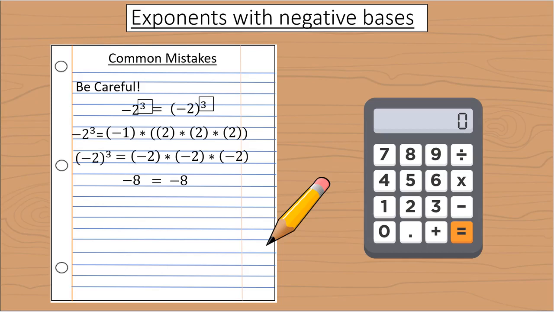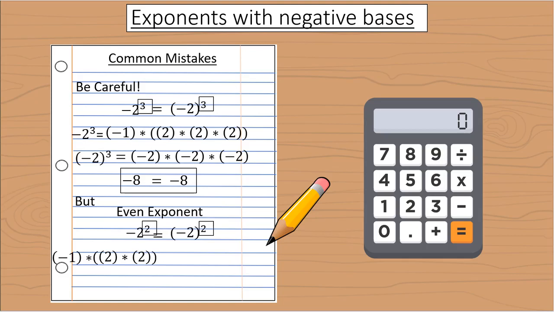But what if we have an even exponent? What if we have a negative 2 to the second power and parentheses negative 2 to the second power? On the left side, based on the order of operations, we will do the exponent, which is 2 times 2, then we multiply by a negative 1.